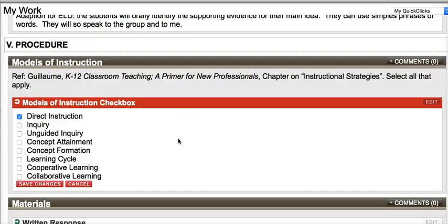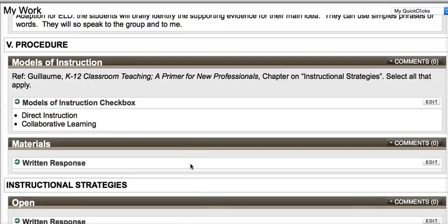However, in this case, we are also going to have some collaborative learning, because the way I'm going to structure this is for the children to talk to one another and come to an agreement. But I'm still going to do direct instruction because I have to let them know what they're going to do.